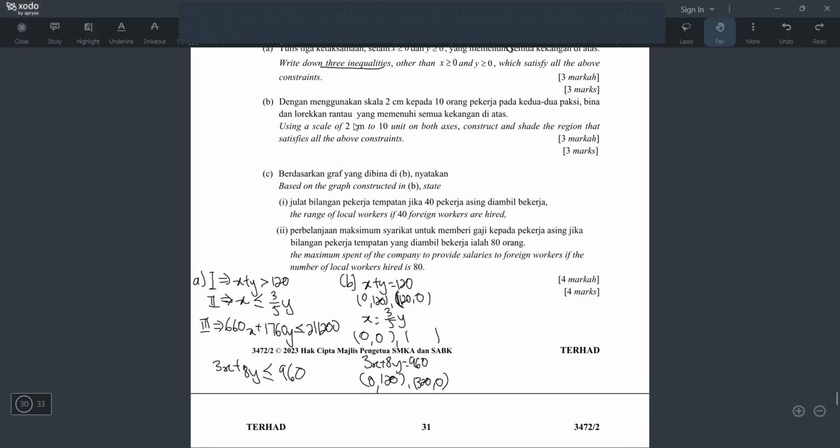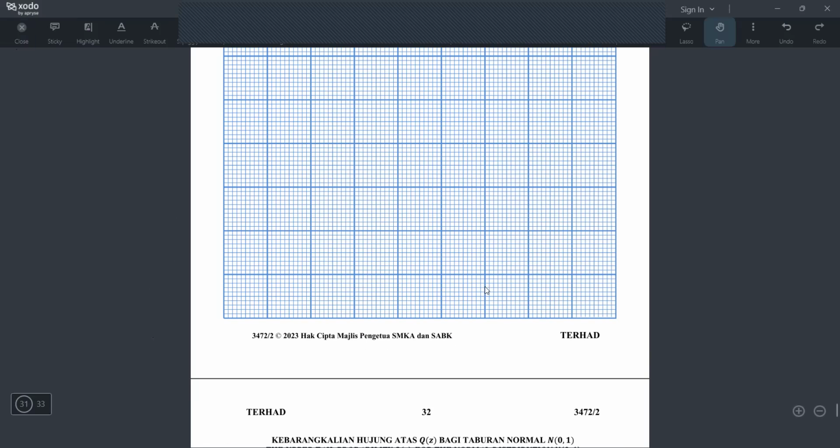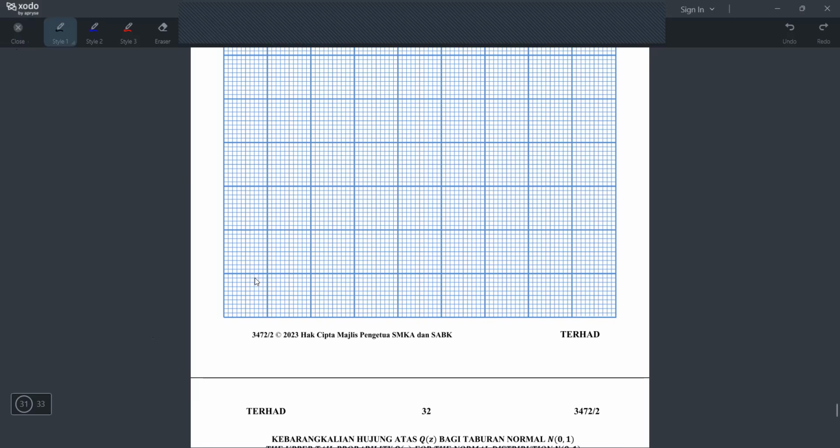But let's just stop here and then go label the axis first. So 2 cm to 10 units on both axes. So 10, 20, 30, 40, 50, 60, 70. Okay, I think you can start here. So 10, 20, 30, 40, 50, 60, 70, 80, and then this is the x-axis, so let's call this x.